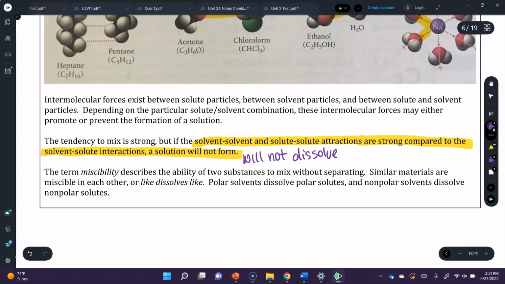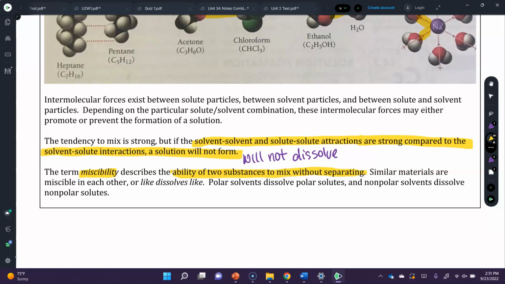We will look at this more in a future section, and mathematically model it as well. The term miscibility describes the ability of two substances to mix without separating. So that allows us to have homogeneous mixtures, if you remember back to your first year of chemistry.